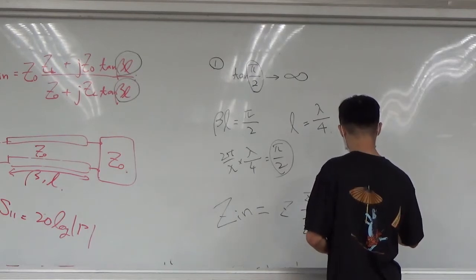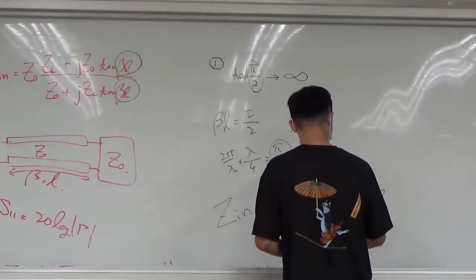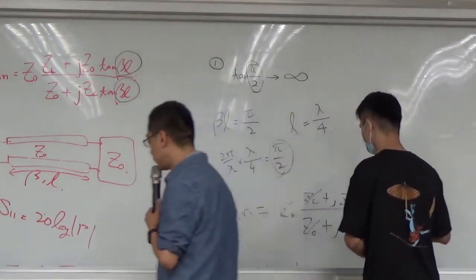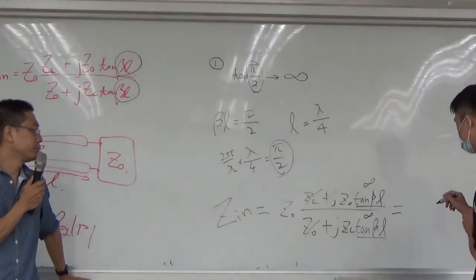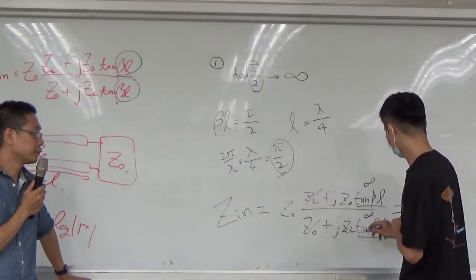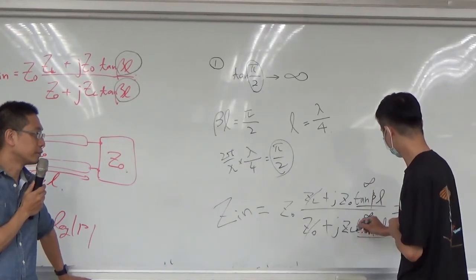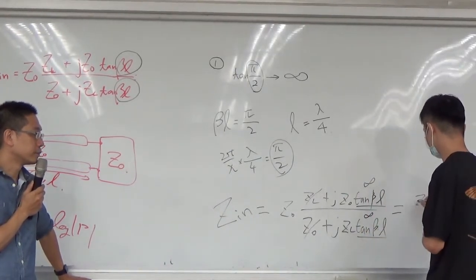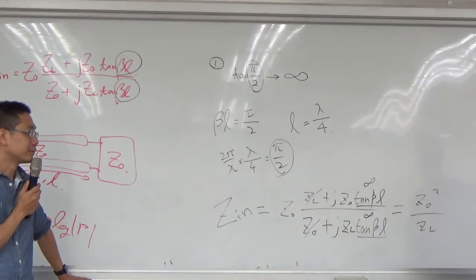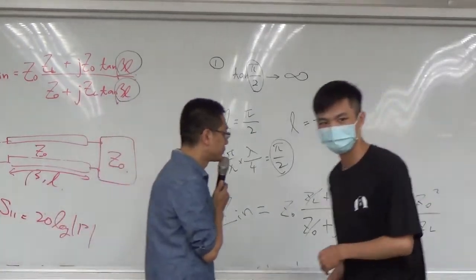So which one will disappear? So this one will equal... This one will equal... Okay, good. 4 points.